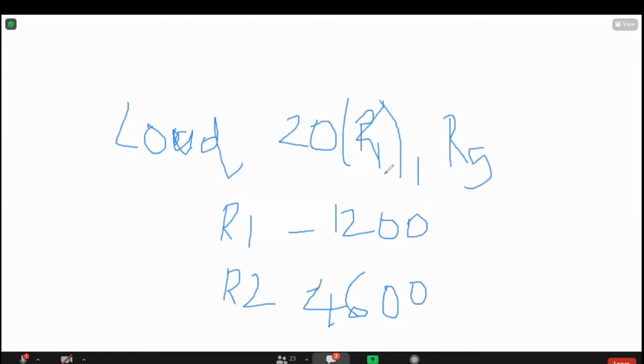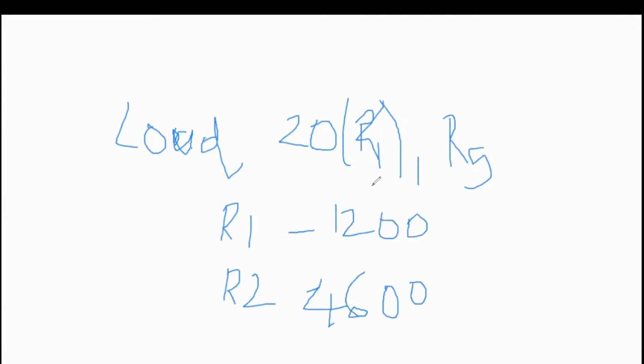So 20 of R1, which mode is it? Addressing mode. Effective address is nothing but finding the address where your operand should be fetched. That's all. Please don't ask me to repeat this one, it's very easy. Where you have to fetch your operand from the memory.